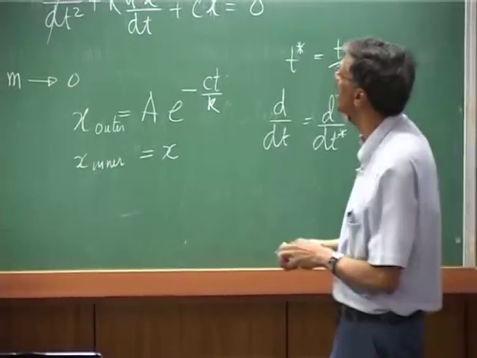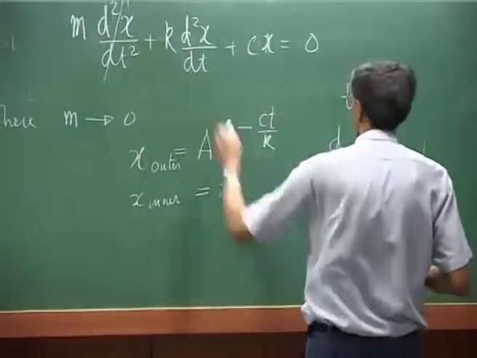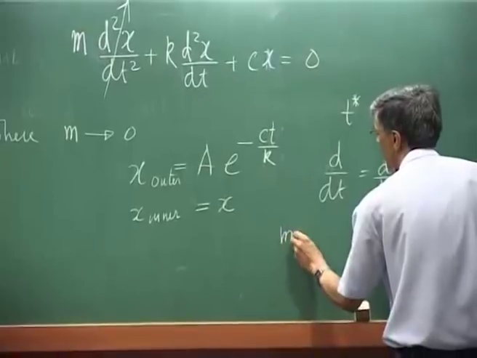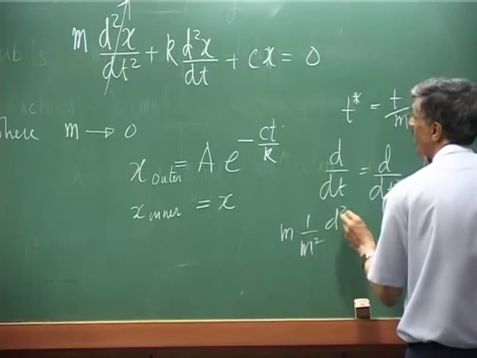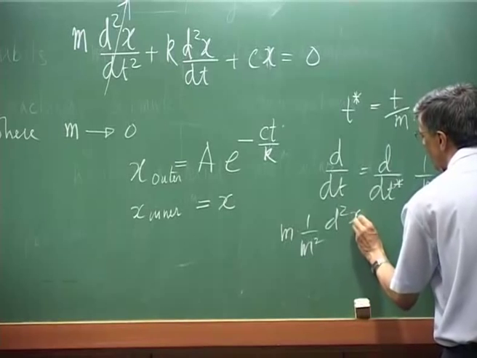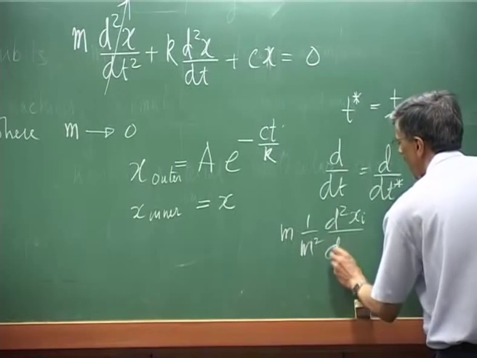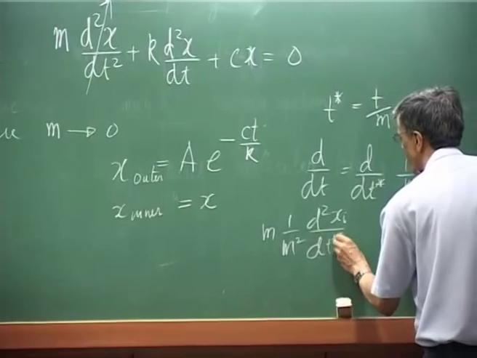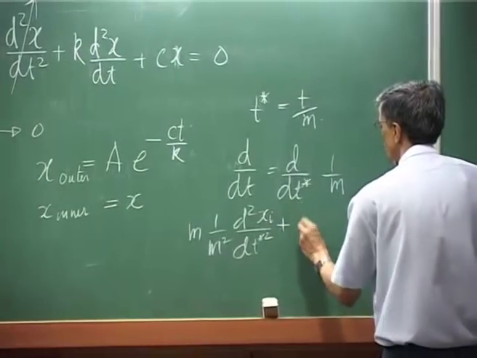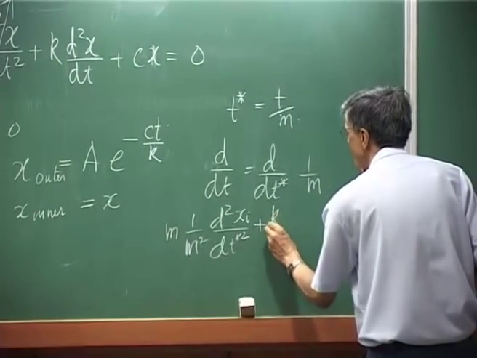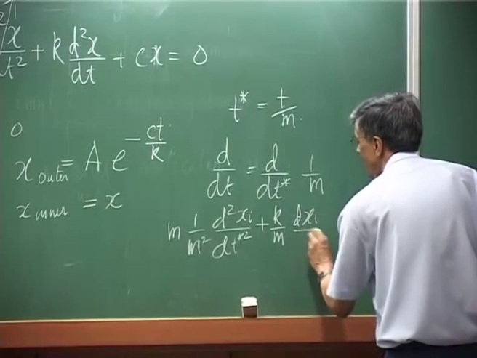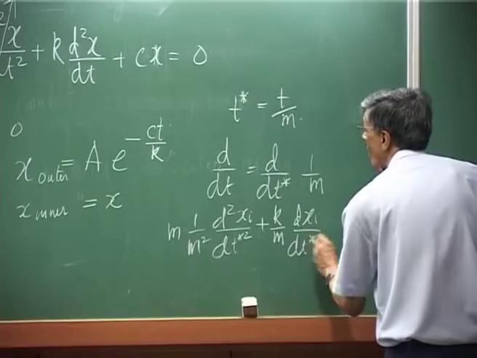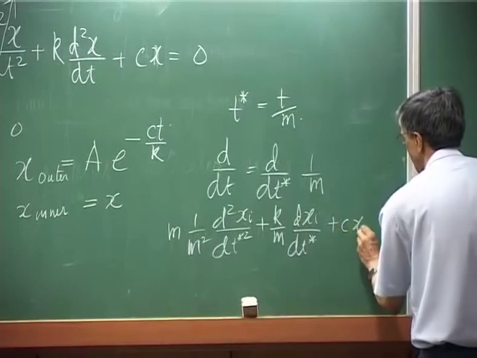So you get m times 1 over m square, d square x I by dt star square, equals k by m dx I by dt star plus c x I.